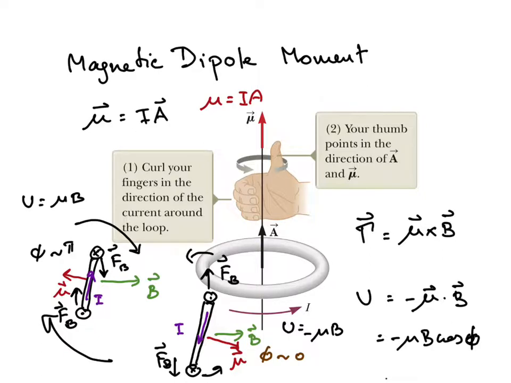In general, when we have N loops, we may write that mu is equal to N I A, because every single loop experiences the torque from the magnetic force, and the total torque is the sum of the torque of every loop, which is now N times the torque of one loop.